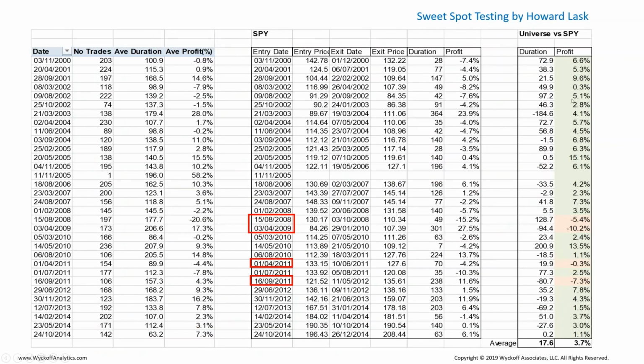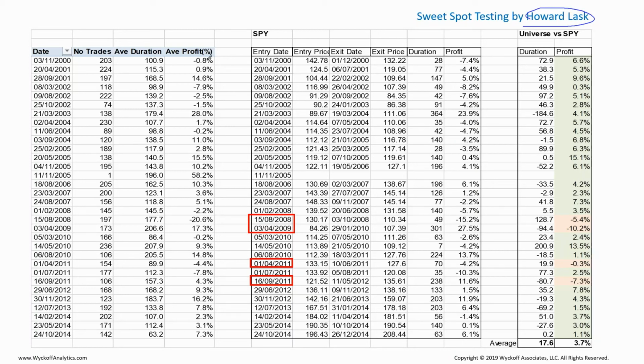So this is again the test from Howard Lask. He is one of our advanced students in our community, and he is the one who has been doing a lot of technical stuff, supporting all of those tables under the tools. So he decided to do the visual backtesting of the sweet spot concept.